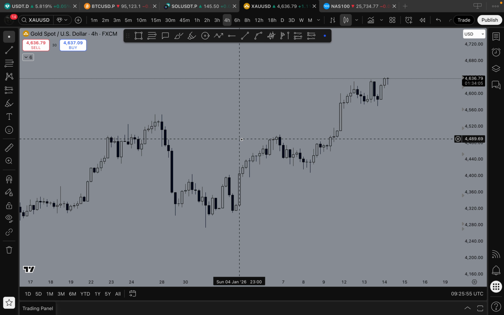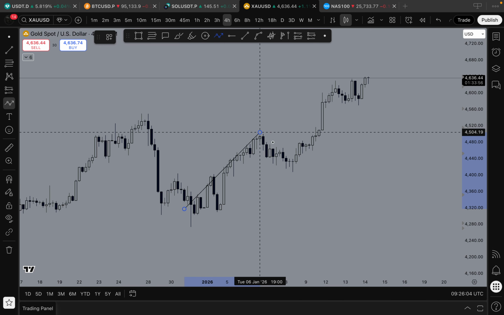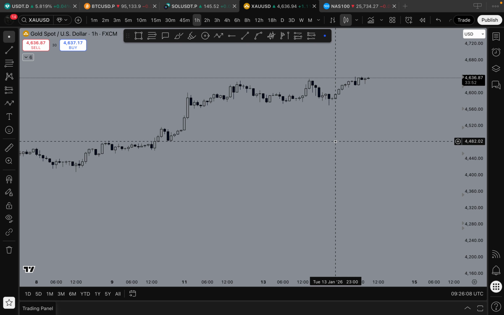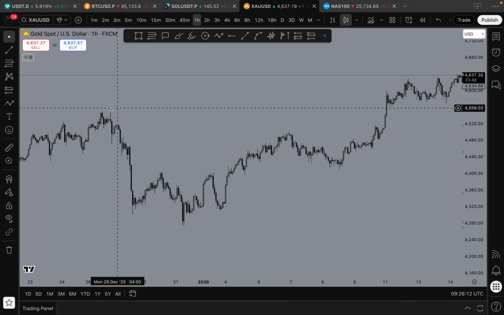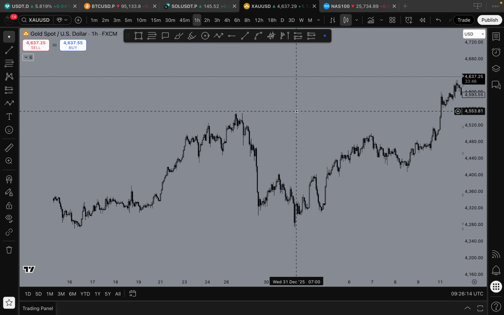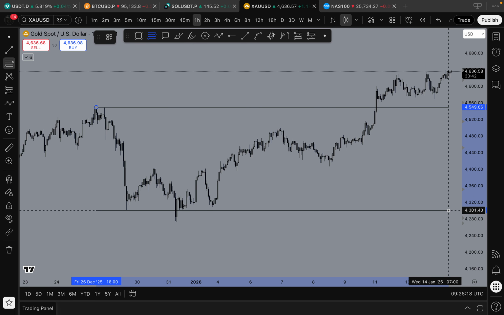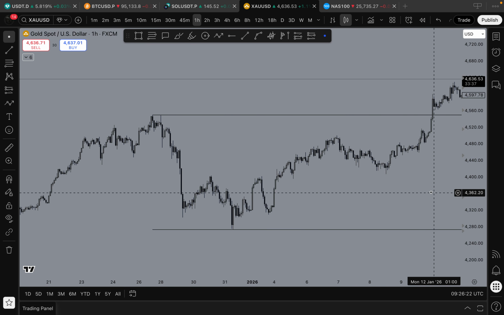Okay, so what is the overall context? We know gold is super bullish on the high time frames. You can say the overall structure is very bullish on the 4 hour. Then on the 1 hour, what do we have? You could say this is your range high with the range low right here.